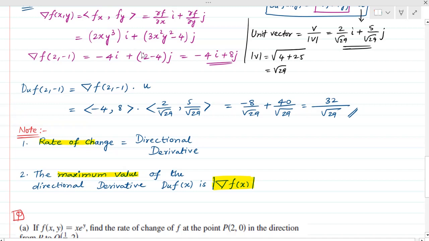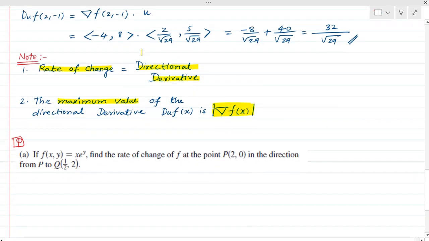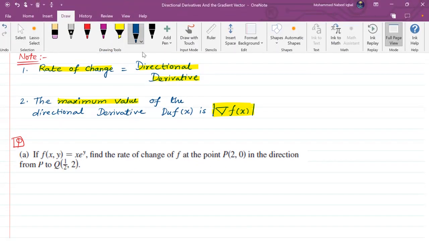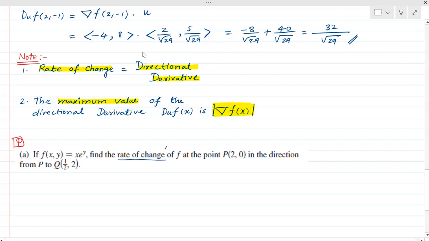If the question is asking only for the rate of change, the remaining thing will be the same as what we defined before. Rate of change is nothing but the directional derivative. You have to find the directional derivative. Same story you have to repeat again.